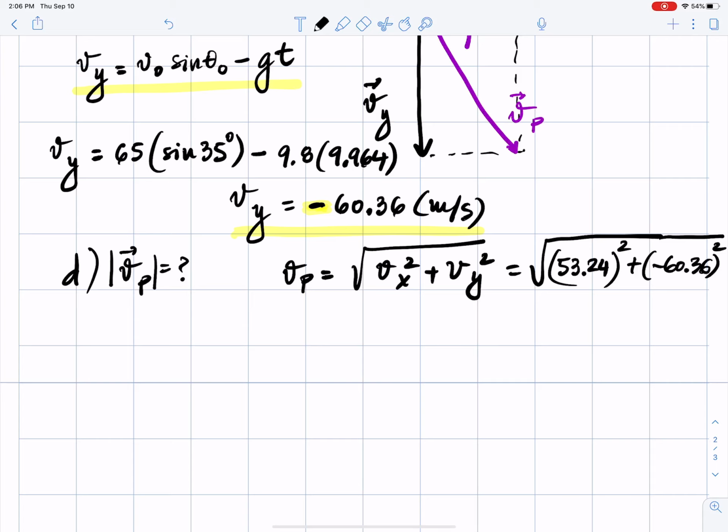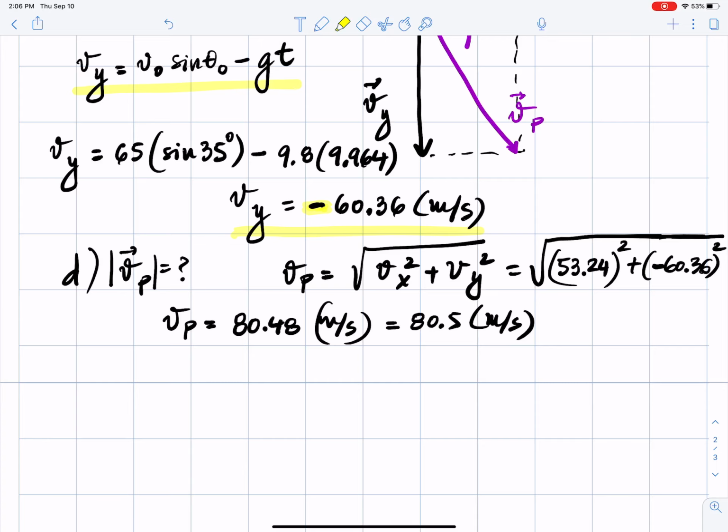I didn't get rid of the negative sign because I want you to observe that even if you have a negative, don't get scared. When you raise it to the second power, it becomes positive. So in the end, you get 80.48 meters per second. I guess you can round it to 80.5.